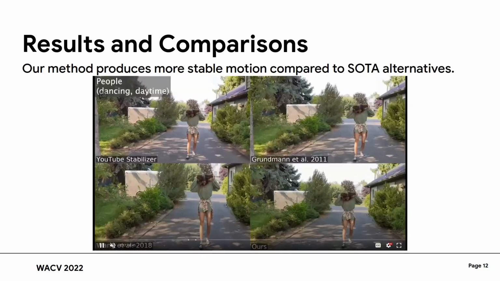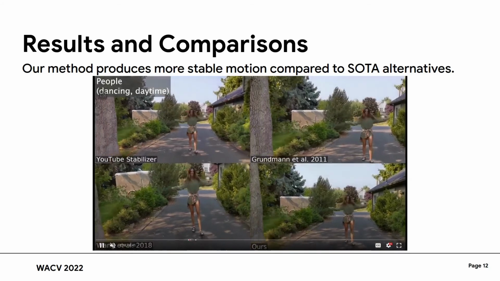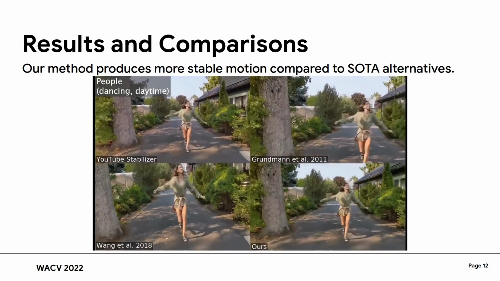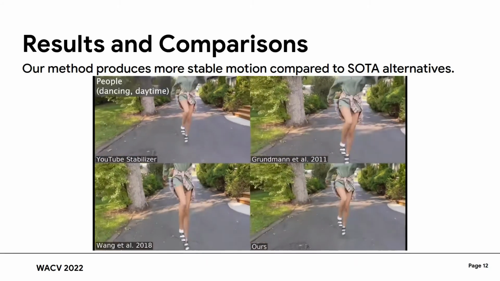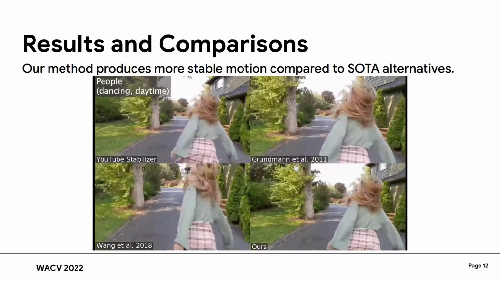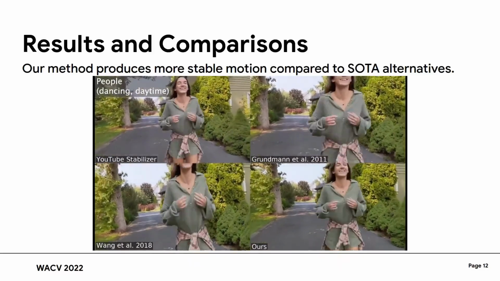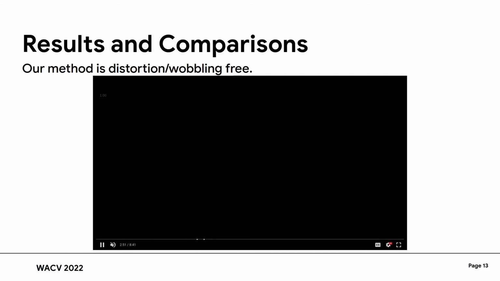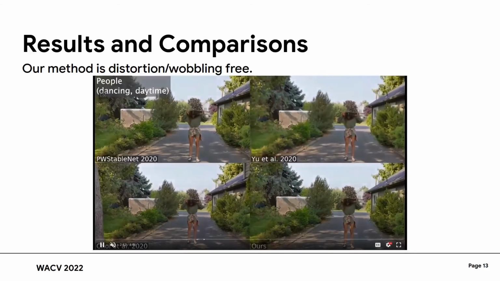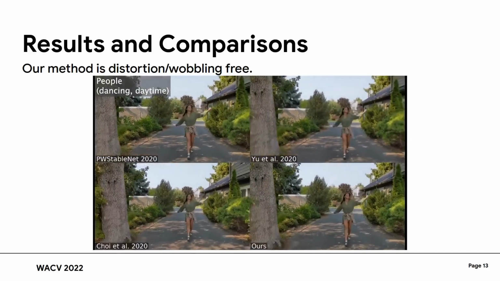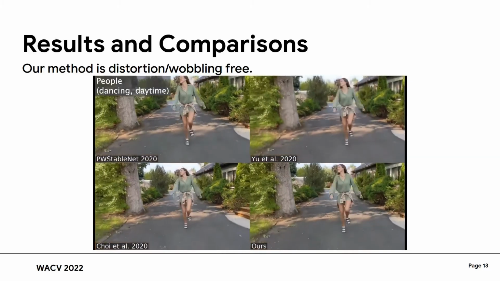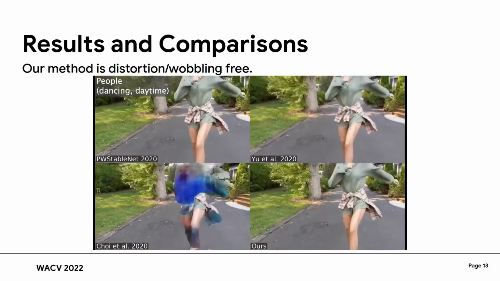We now show the results and the comparisons. Our method produces more stable motion compared to the state-of-the-art approach. Unlike image-based methods that suffer from distortion, wobbling, and other visual artifacts, our results are artifact-free.